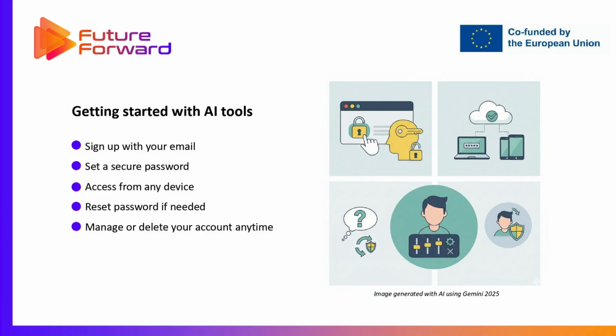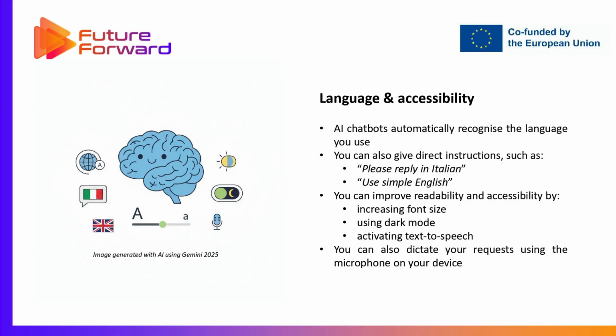If you ever forget your password, both ChatGPT and Gemini include a Forgot Password option that lets you reset it safely. Most importantly, remember that you stay in control. At any time, you can update your information, adjust your settings, or delete your account if you no longer want to use the tool.